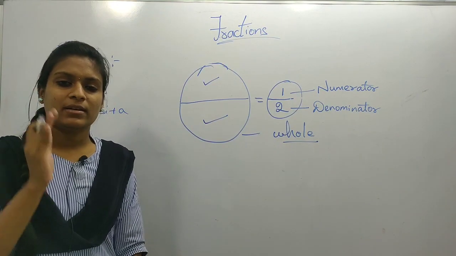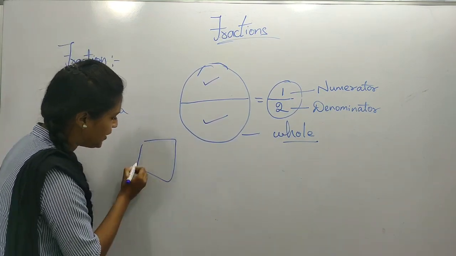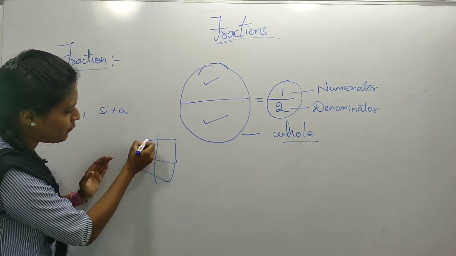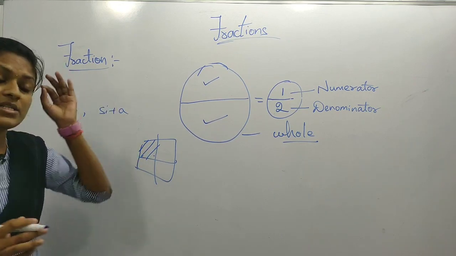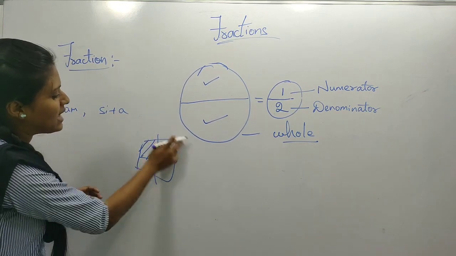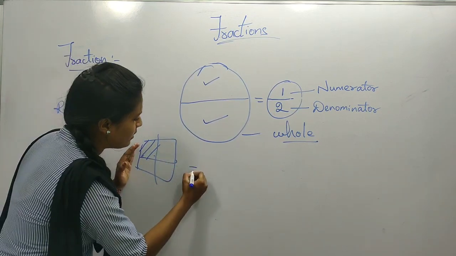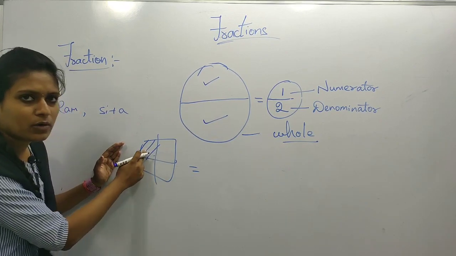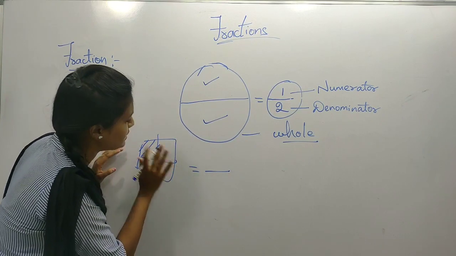Keep in your mind that when an object is divided into 2 parts or 4 parts, and in these 4 parts one part is shaded, first you must know the total parts into which the object is divided. Here, how many parts are there? 1, 2, 3, 4. The total parts must be written down. How many parts? 4.